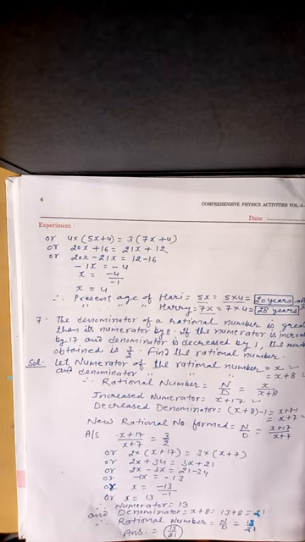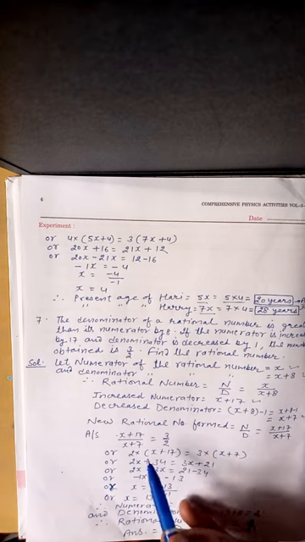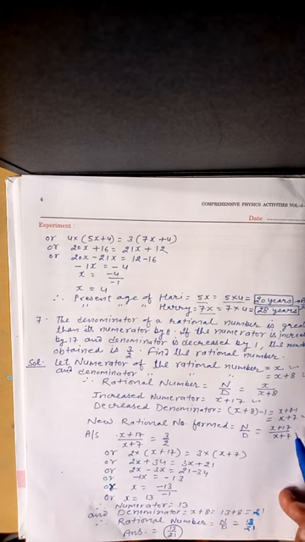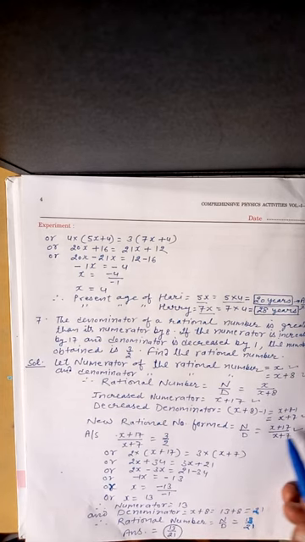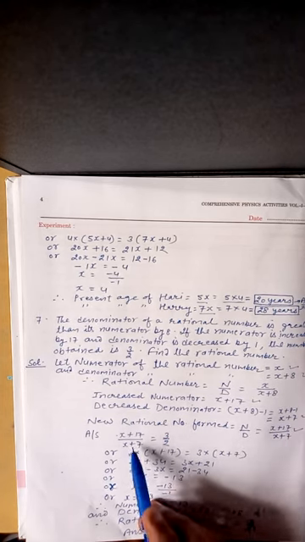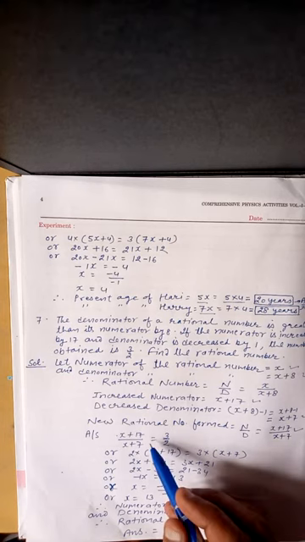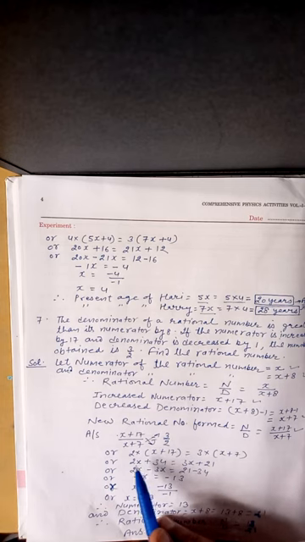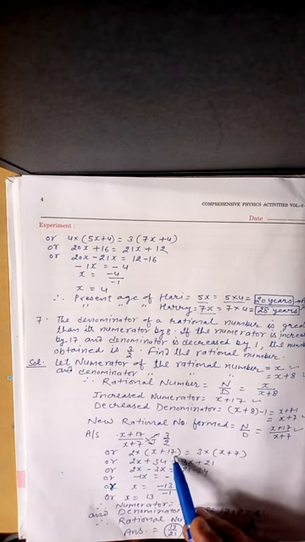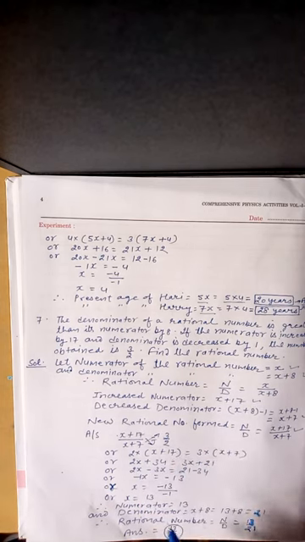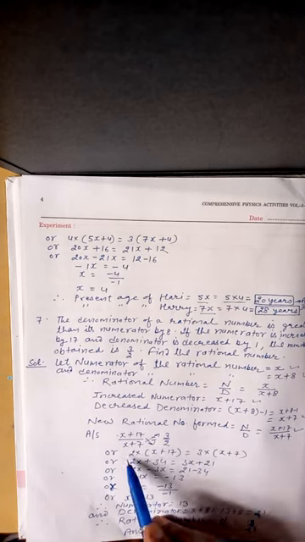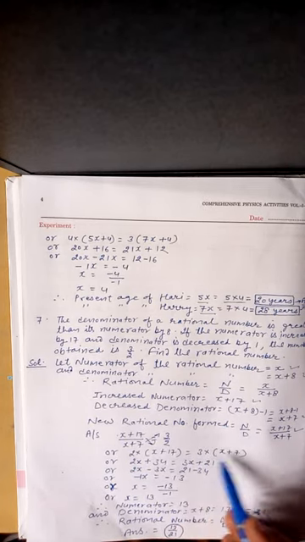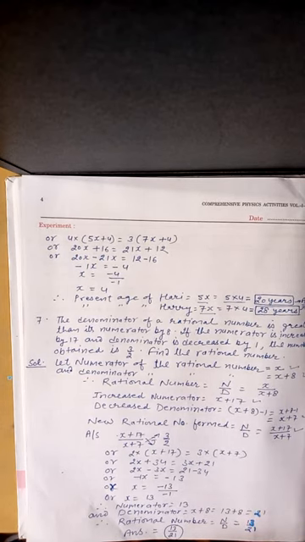Now according to the sum, this new number is equal to 3/2. So we put this rational number equal to 3/2 and cross multiply. We get 2 into x plus 17 is equal to 3 into x plus 7. 2 into x, 2x plus 34 is equal to 3x, 3 into 7, 21.